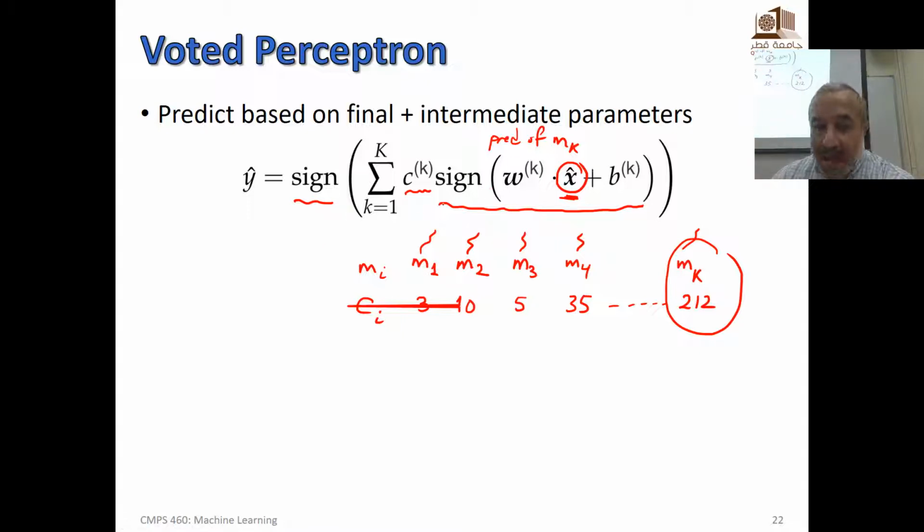Here, what will be the value of this factor? It's either +1 or -1, right? Now we will multiply that by the survival time, so it will be a bigger number. And survival time is just an integer, like the numbers that we have here: 5, 10, 35, and so on. So they will be bigger positive numbers or bigger negative numbers, whatever.